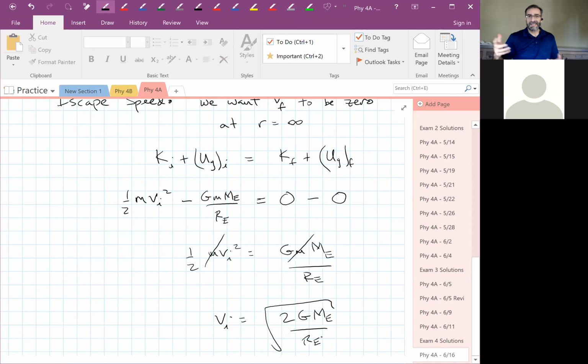We have a rocket with fuel, and it doesn't have to launch with a huge speed because it keeps pushing, right? It's not just one push we're giving it. It has that fuel that it's burning, and so it keeps going and going and pushing and burning fuel, and it doesn't have to be launched with some incredibly large speed to make it into space.